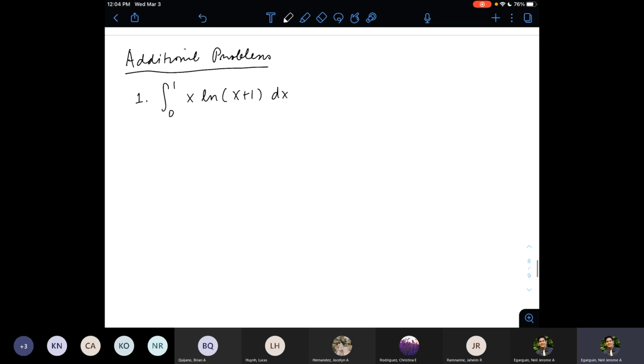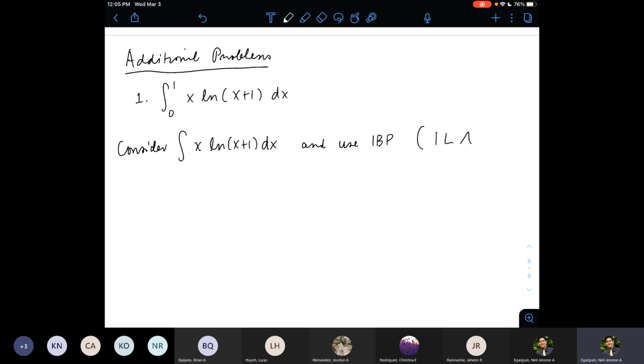So what I'm trying to say is here I will consider the integral of x ln of (x plus 1) dx first, forgetting about the bounds for a moment, so that I don't need to keep track of them every step of the way when I'm doing the IBP, right? And then in this integral, we will use integration by parts.